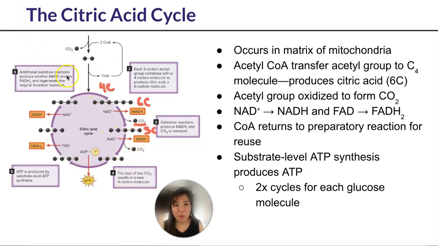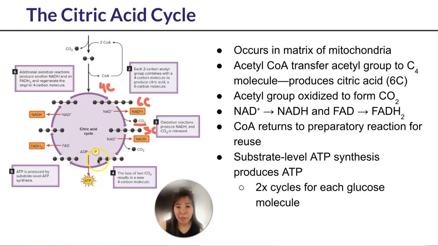Now we're going to undergo another series of oxidation reactions. We're still doing oxidation reactions, but rather than converting the molecule and losing carbon dioxide, we're going to convert these different molecules and rearrange them. In the process of rearranging, we're still doing oxidation reactions, releasing electrons that can then be transferred to these other electron carriers. So we form FADH2 as well as NADH.